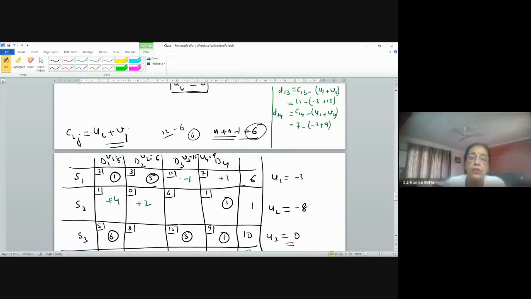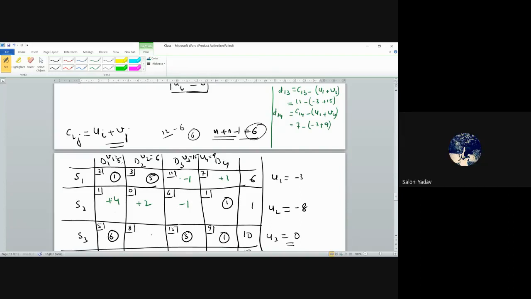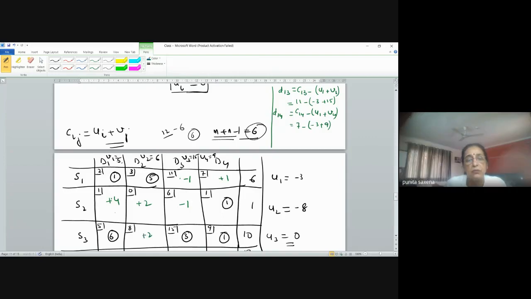Minus 1 again. Yes. अब एक ही बचा. D32 है ना. Plus 2. ठीक है ना. That's all. We have now computed Dij's also for all.